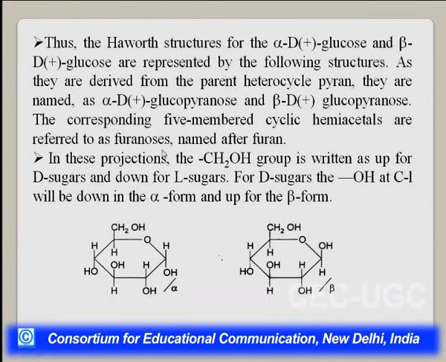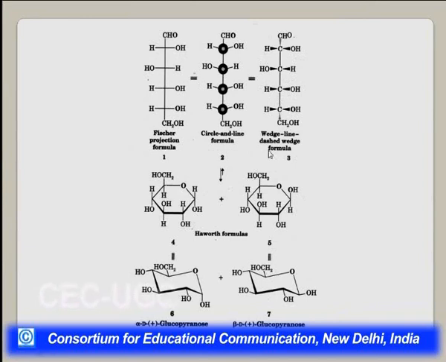In these projections, the CH2OH is written up for the D sugars, and for the D sugars the OH at C1 will be down in the alpha, and for beta it will be up. We have discussed this. Here are more structures you can see.